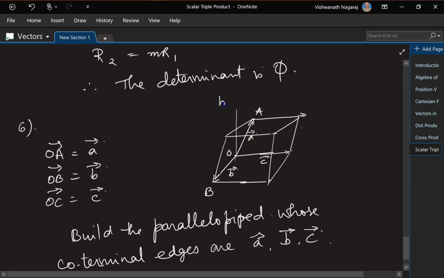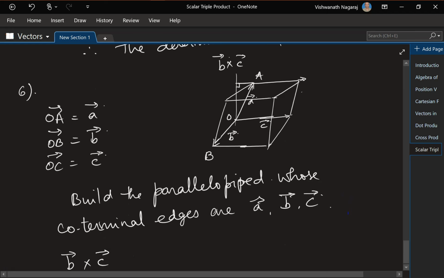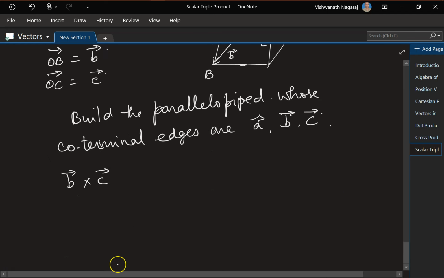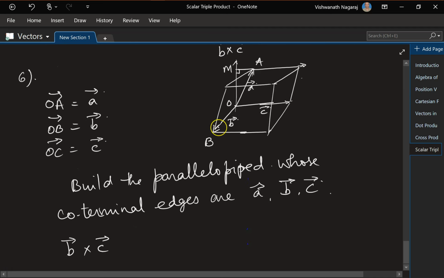Okay, so this would be B cross C. And let's drop a perpendicular from here, from A, to B cross C, and let's call that point M. Now remember, B cross C is perpendicular to both, but the magnitude of B cross C is the area of this parallelogram, right?